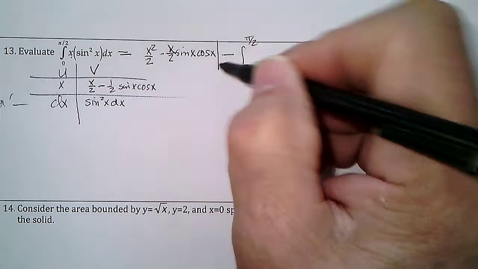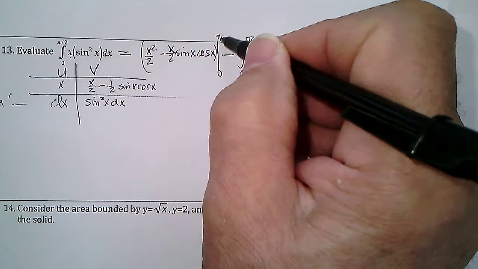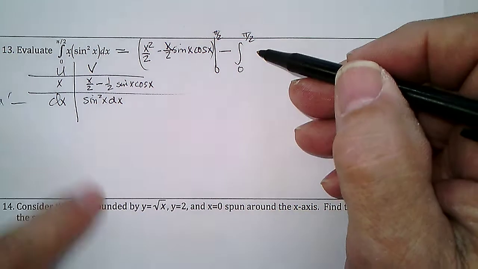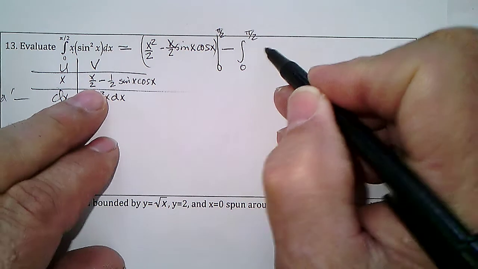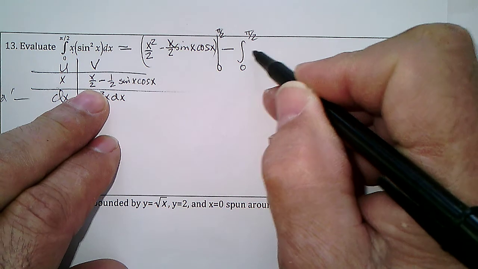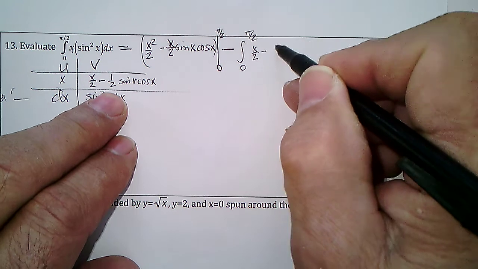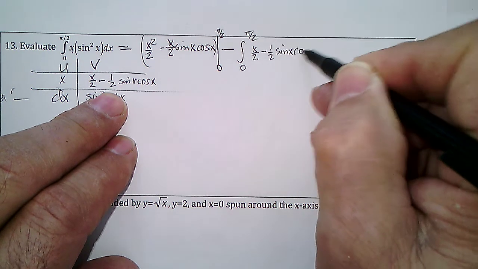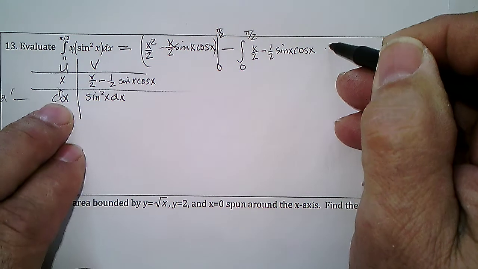By the way, we have to evaluate this from 0 to pi over 2 of these. So this would be x over 2 minus 1/2 sine of x cosine of x dx.